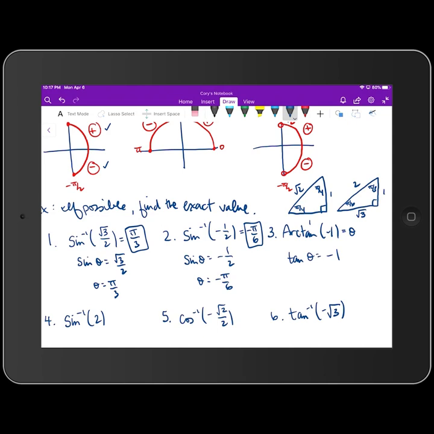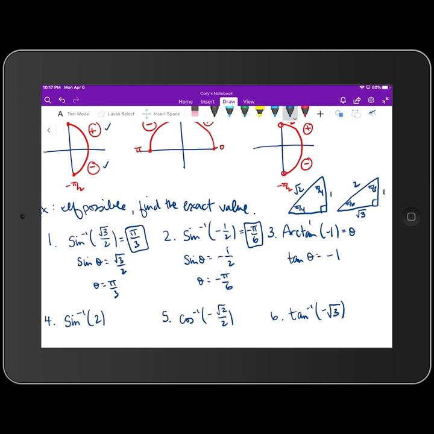This one's a little bit trickier because a lot of times when our ratio is 0, 1, or -1, that's going to correspond to a quadrantal angle. And again, a quadrantal angle is an angle whose terminal side lies on an axis. So that's like 0, pi over 2, pi, 3 pi over 2, 2 pi.